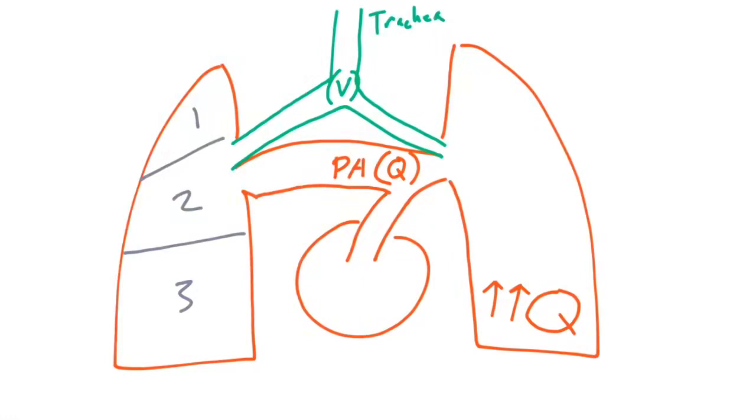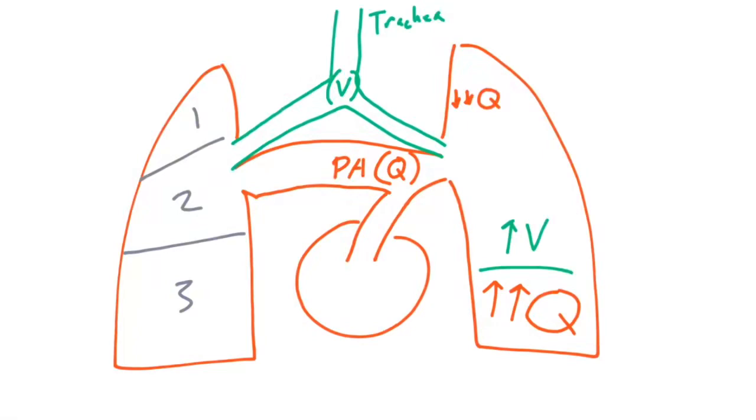Whereas at the top, again due to gravitational forces, perfusion Q is very decreased. Now let's talk about ventilation. Similar to the blood, the gas entering the lungs is pulled down to the base of the lungs due to gravitational forces. So we'll see high ventilation in zone 3.